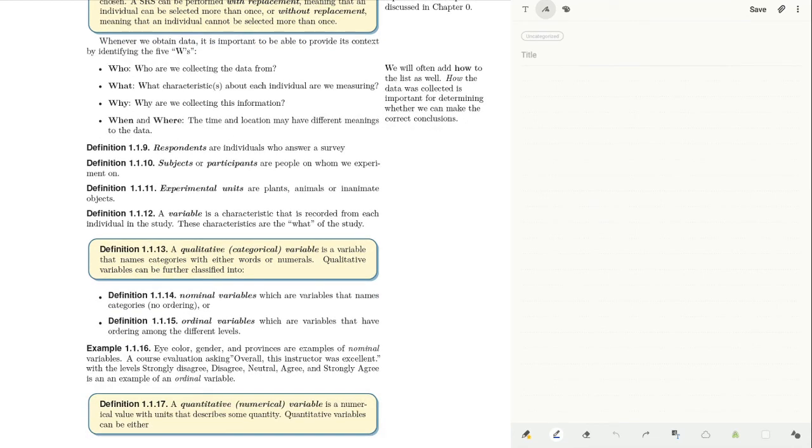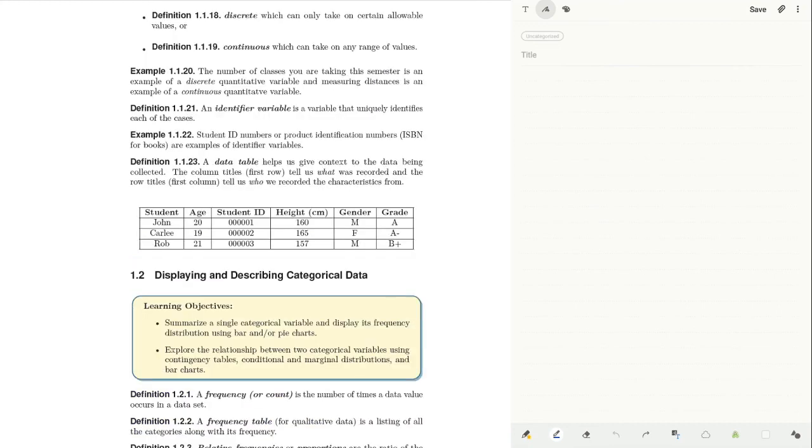Quantitative or numerical variables are numerical values with units that describe some quantity. Quantitative variables can either be discrete, which can only take on certain allowable values, or continuous, which can take on any range of values.